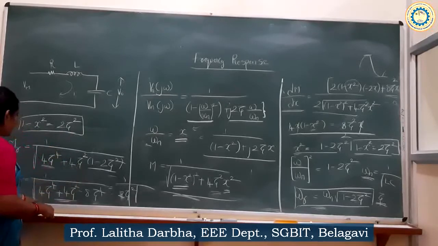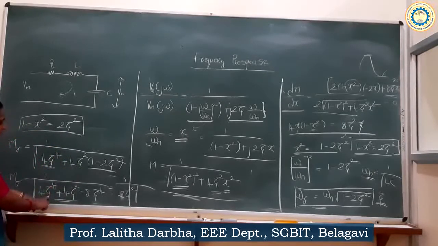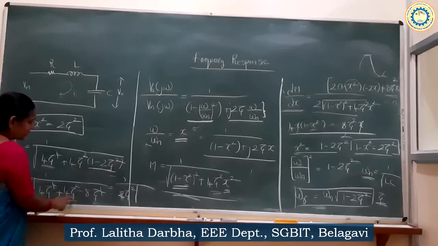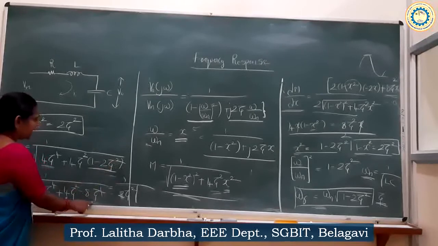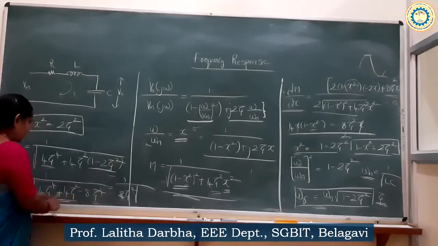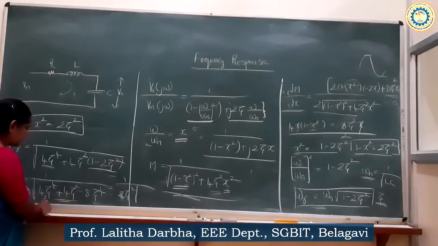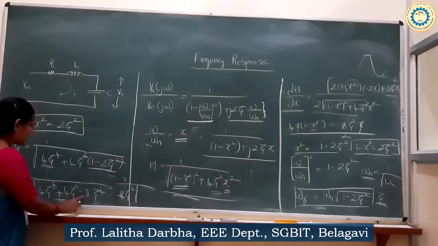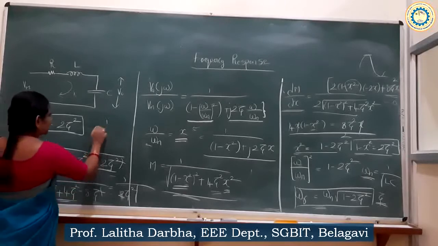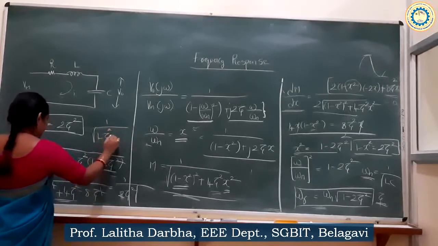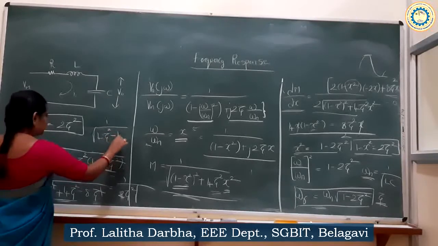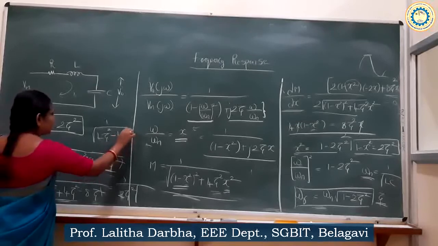So here 4 zeta to the power 4 as it is, plus 4 zeta square into 1, 4 zeta square, and 4 zeta square into minus 2 zeta square, minus 8 zeta to the power 4. So here we are left with 1 by root of 4 zeta square minus 4 zeta to the power 4.